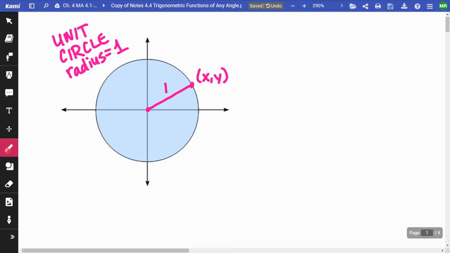Now that x is going to be the distance from here to here. The y is going to be the distance from here to here of this right triangle. So this is going to be x, this is going to be y.